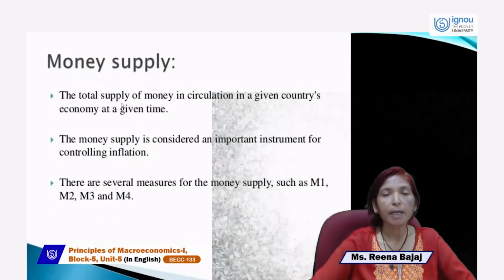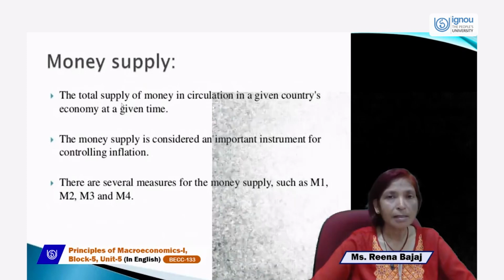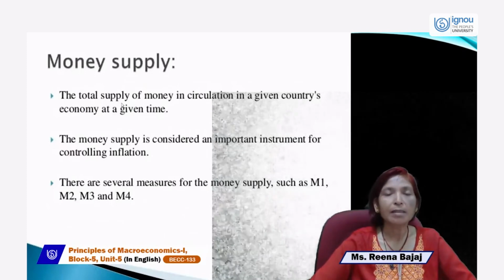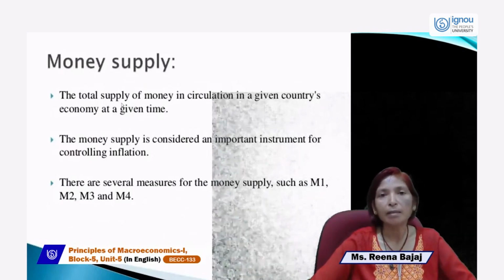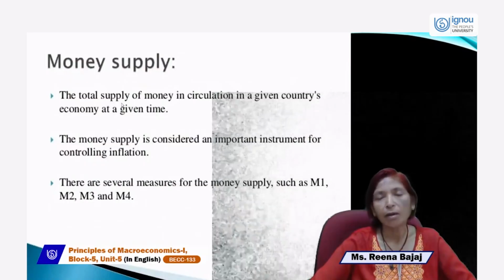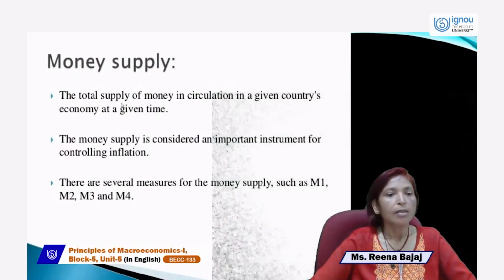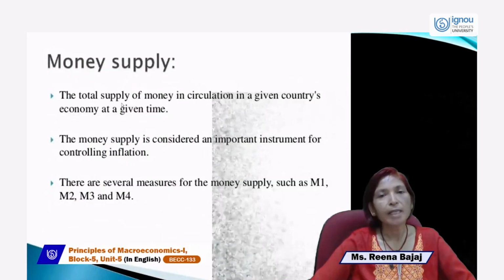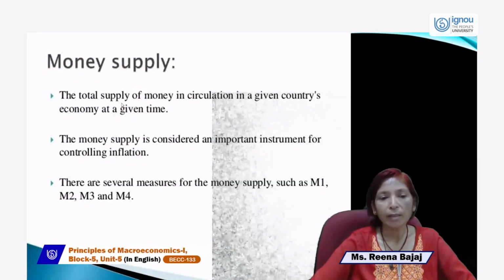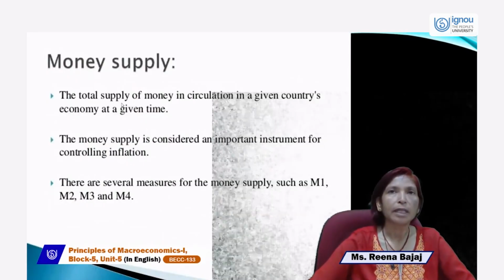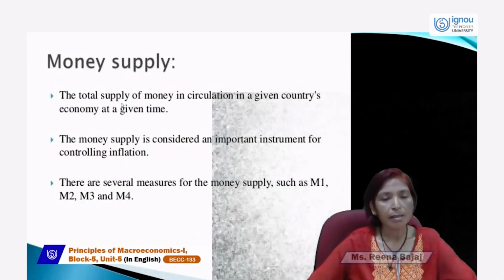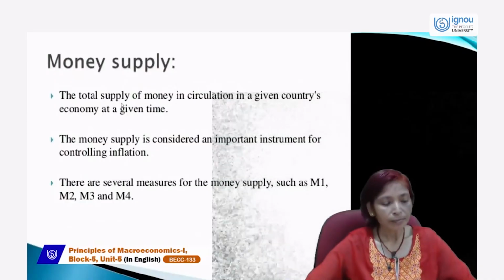But if money supply is in excess, greater than money demand, then an inflation problem will occur. So there are several measures of money supply: M1, M2, M3, and last is M4.